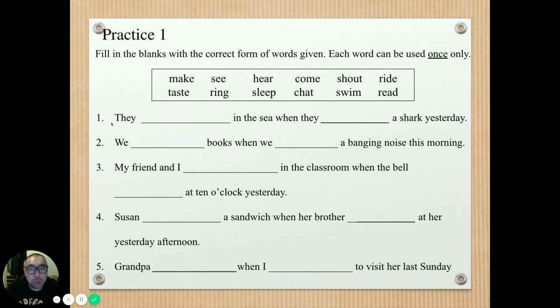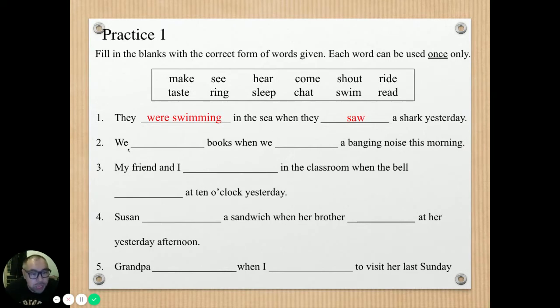They, so we use was or were, of course. They were swimming in the sea when they a shark yesterday. Did you eat a shark? No. See a shark. But what's the past tense? Saw. This is the short action, so we have to use the past simple. When they saw a shark yesterday. Well done. Next.